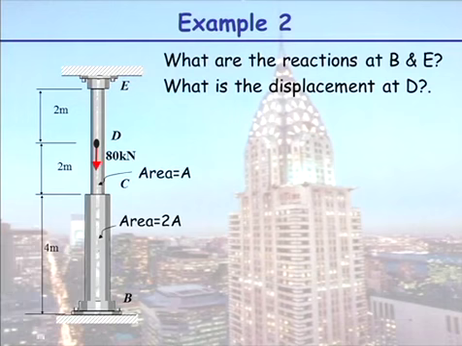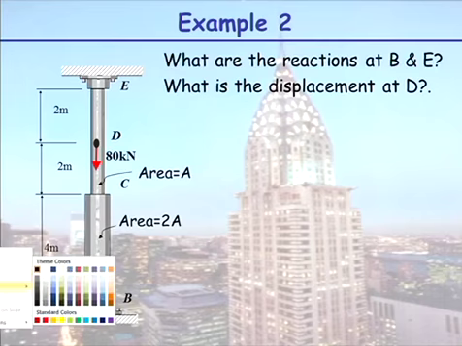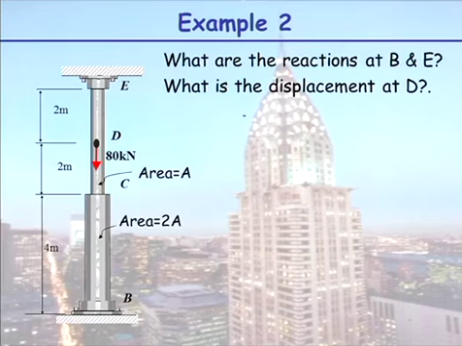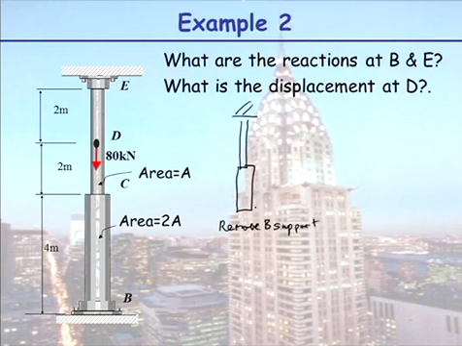Okay, and I've got it on eraser. We don't want that. So, we are going to take away the support at B. And we'll just call this amount of stretching here delta primary, and that amount of stretching is due to this 80 kilonewtons here.